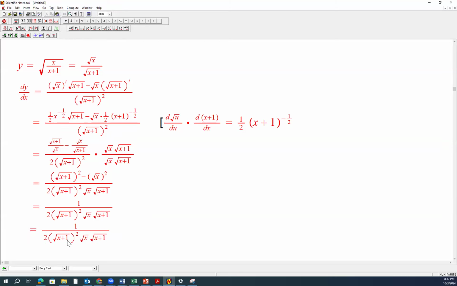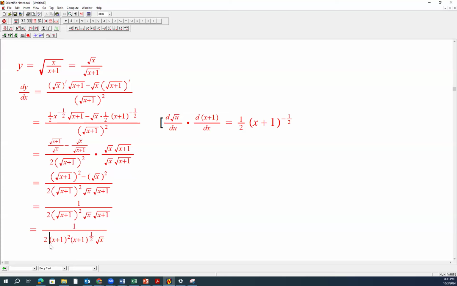Root x plus 1 and root x plus 1 squared and root x plus 1. This piece is really just x plus 1. If I bring these two together, this one can be written as x plus 1 to the power of half.